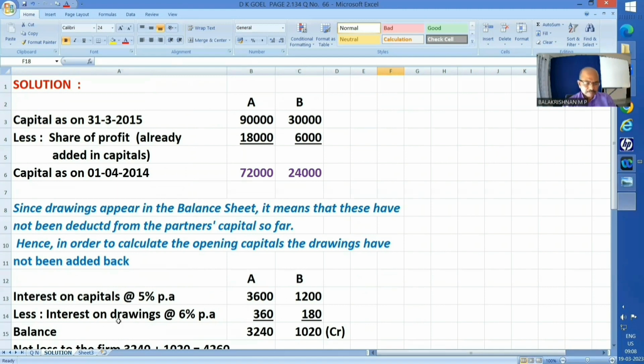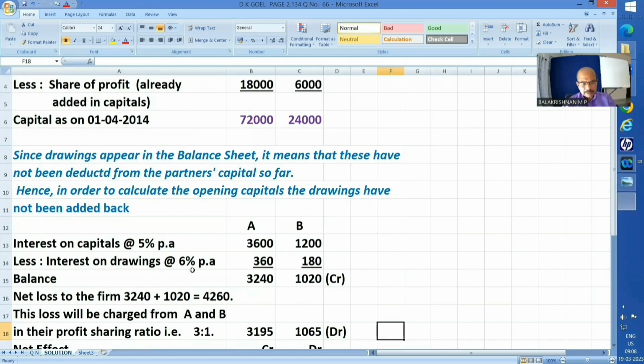Now let us get the interest on capital first. 5% of this one: take 10%, 7,200, half of it. Similarly, 10%, 2,400, half of it. So, interest on capitals, 3,600 and 1,200. Fine. Interest on drawings at 6% per annum.